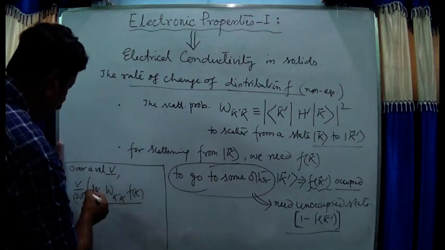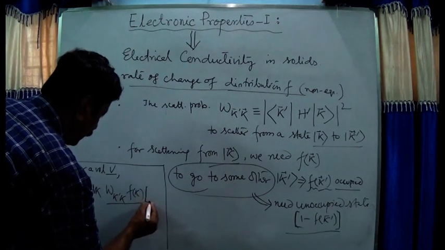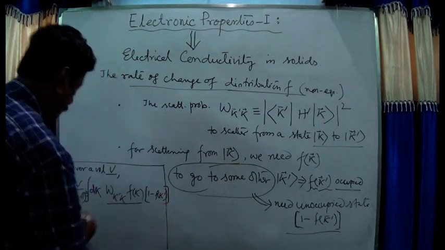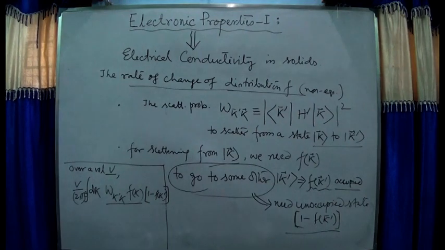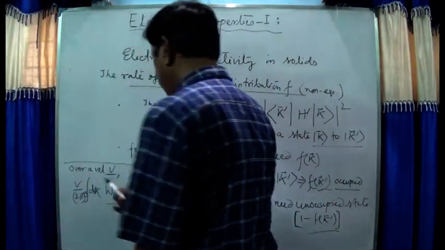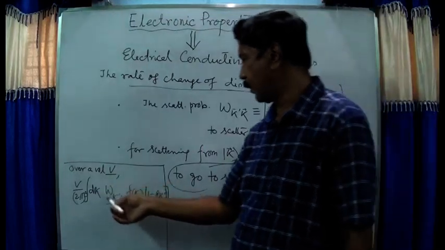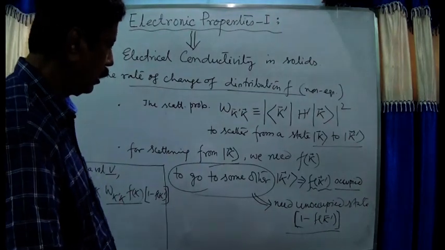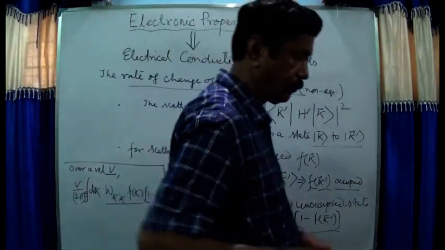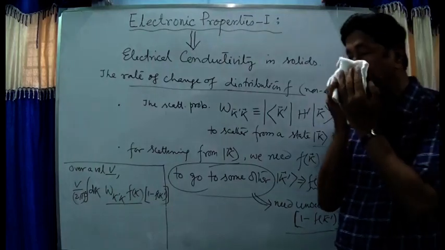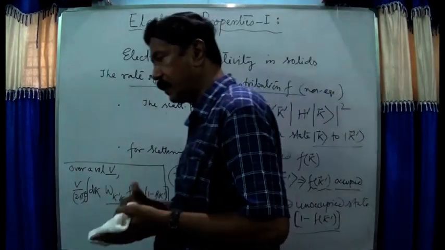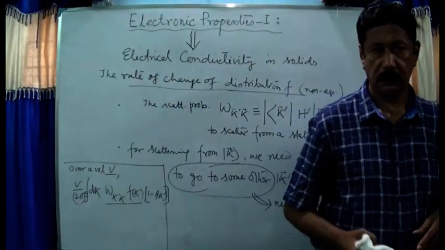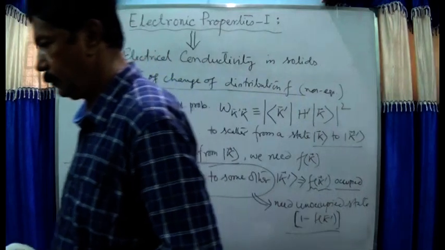It will pass over to the final configuration, and that can be written here as 1 minus Fk prime. So for a volume V, we need to estimate this factor for having the fraction of the particles that has been scattered from a configuration Fk to Fk prime, right?